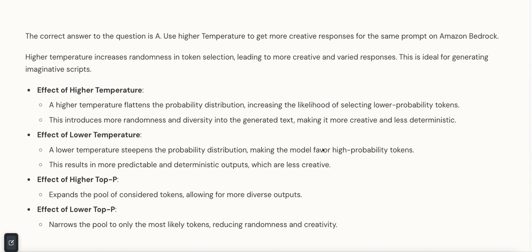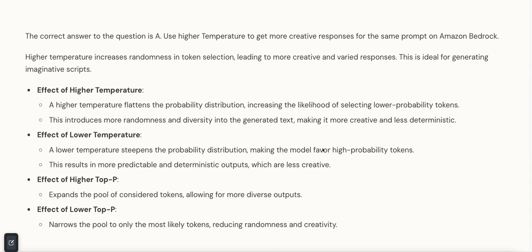A lower temperature has the opposite effect, making the model favor high probability tokens, which is more predictable and deterministic. A higher top P expands the pool of considered tokens, so it's more diverse outputs, whereas a lower top P narrows the pool to the most likely tokens, which reduces randomness and creativity.